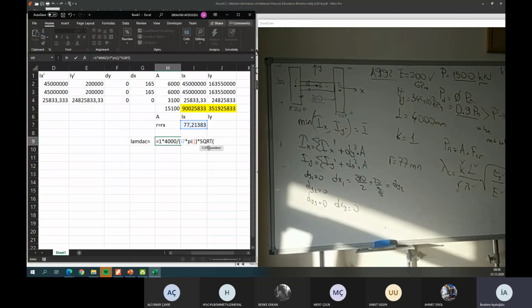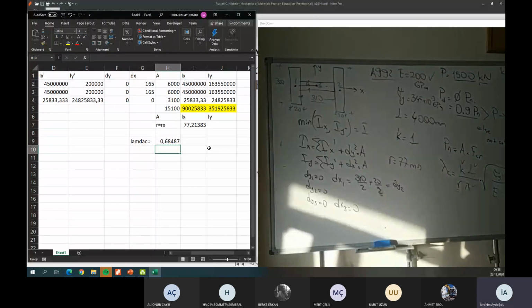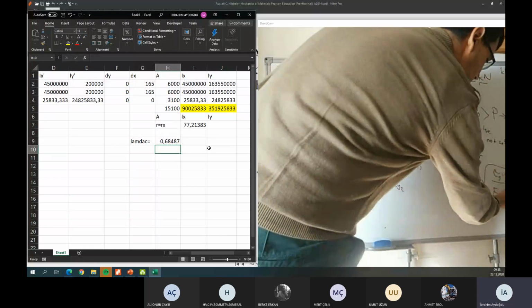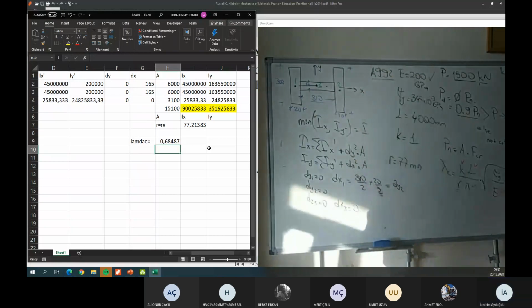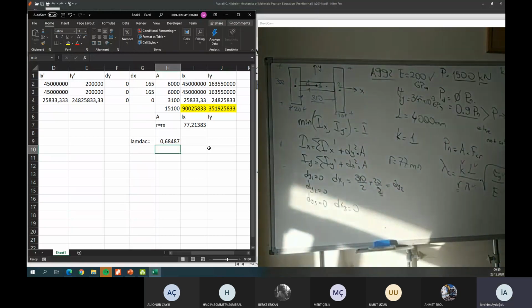Okay. In the square root, you can see sigma y is 335 times 10 to the power minus 3, divided by modulus of elasticity 200, and we get lambda c is equal to 0.648, and so on.